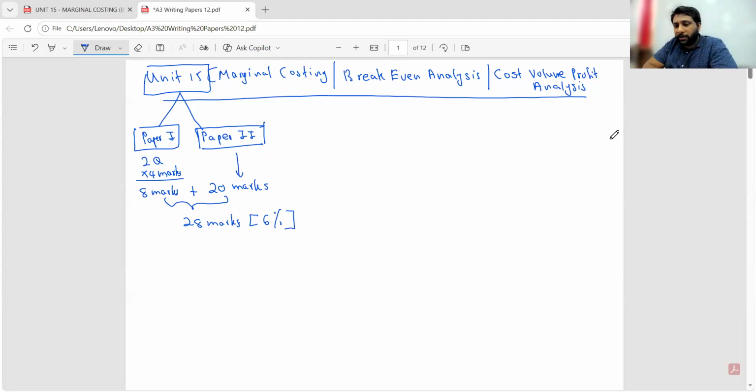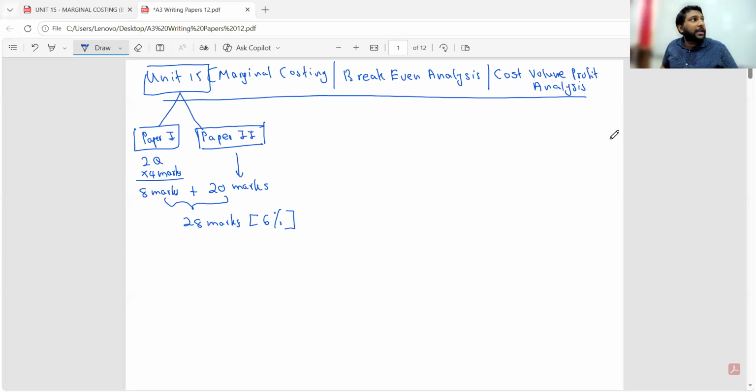So, important unit. Why 440? Because your A-level paper is a 440 mark paper, no? Out of that, you will be writing only for 400 marks. 40 marks, you can skip it.